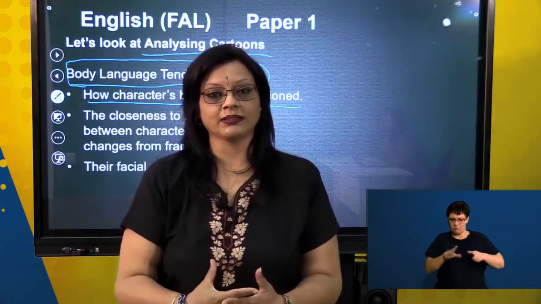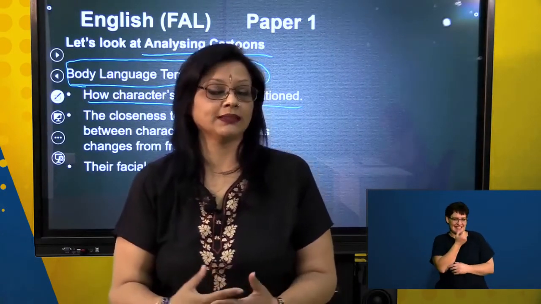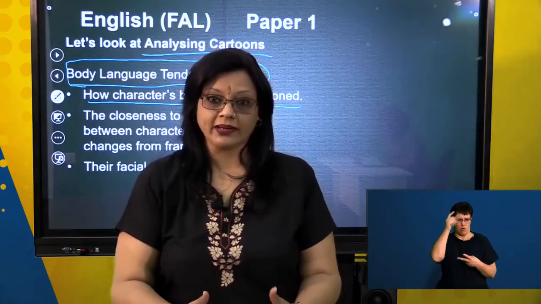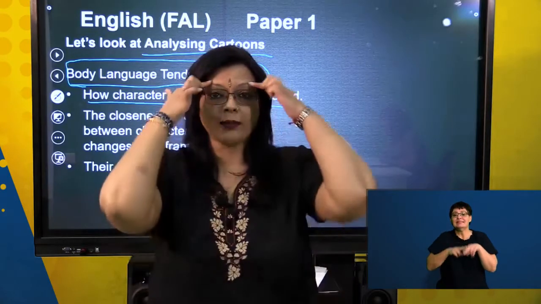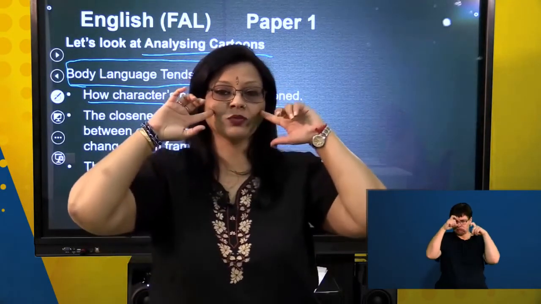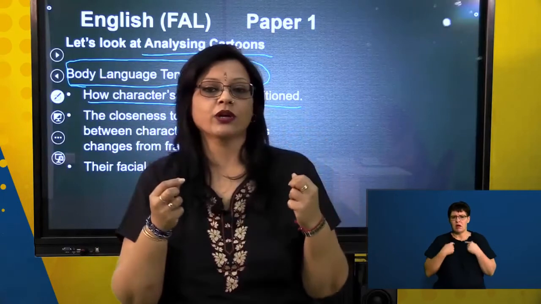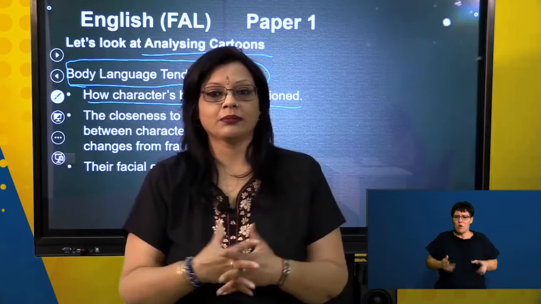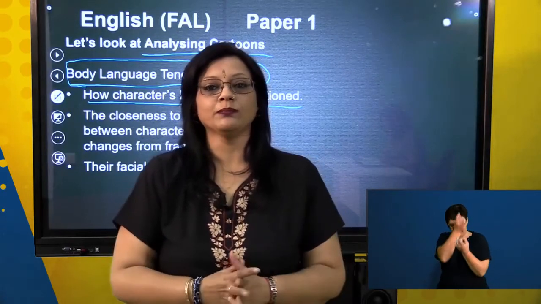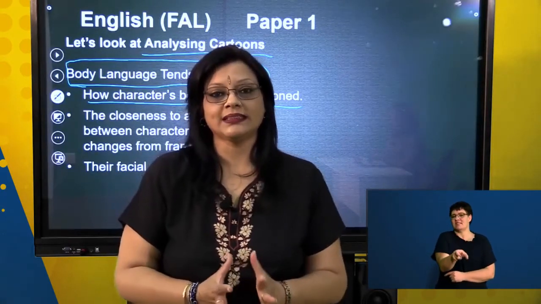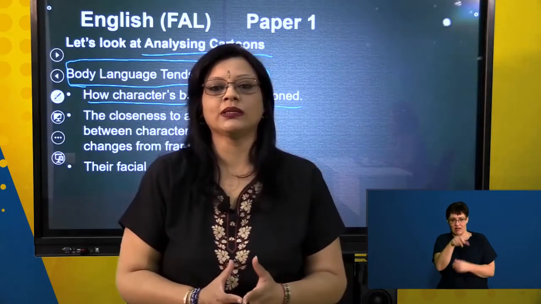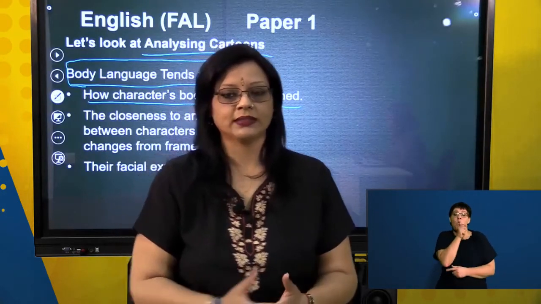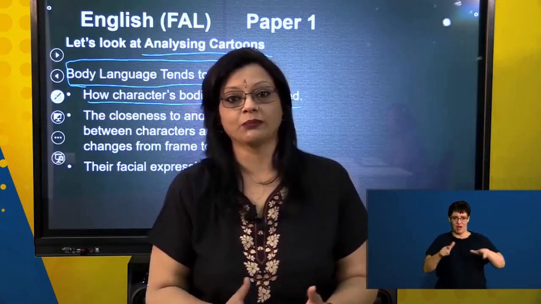A person could be smiling, and then we know that person is happy. A person could be frowning, and then we know that person's angry. It depends on the position of your eyebrows, the way your face moves, or the tears if you're crying. Your facial expressions and your body language will all be coupled to give you an indication as to what the character in the cartoon is communicating to you without using words. So that's what we're looking at when we're looking at body language.